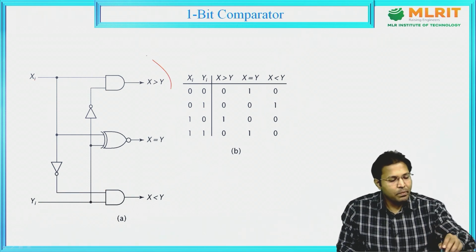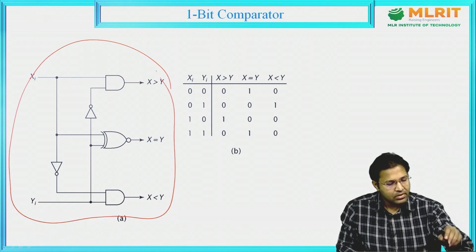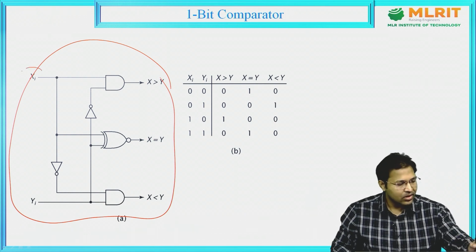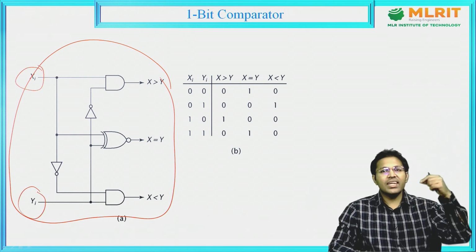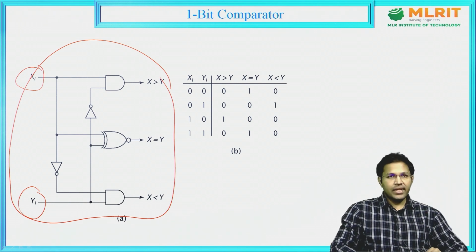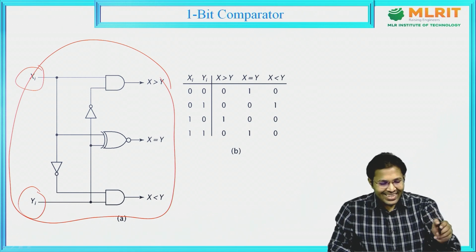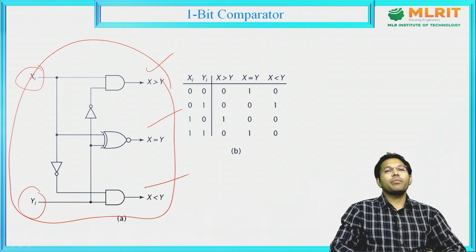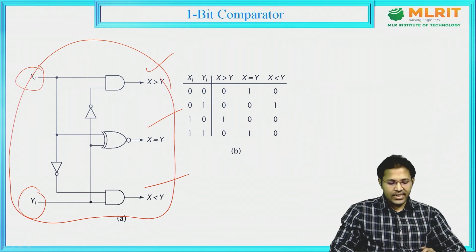This is the complete circuit diagram, which will work as a 1-bit comparator. We can use toggle switches to give zeros or ones at the input, and based on whether they are equal, less than or greater than, the outputs can be indicated on LEDs.